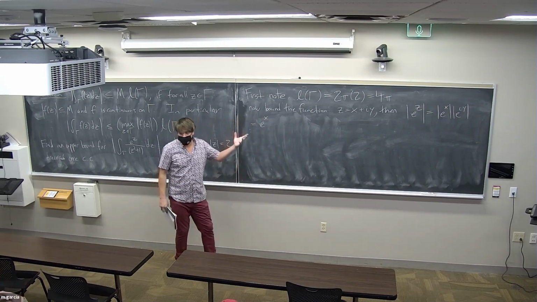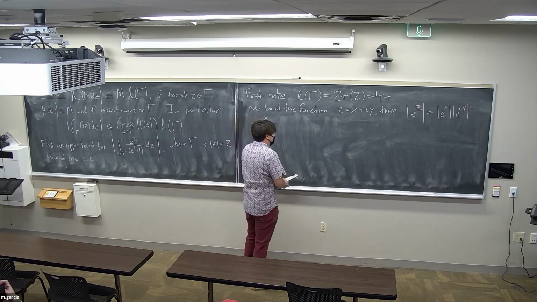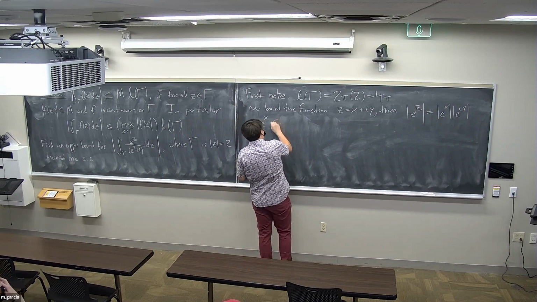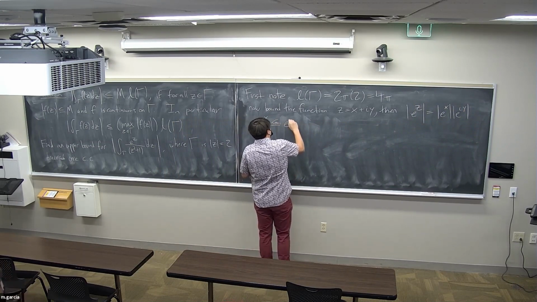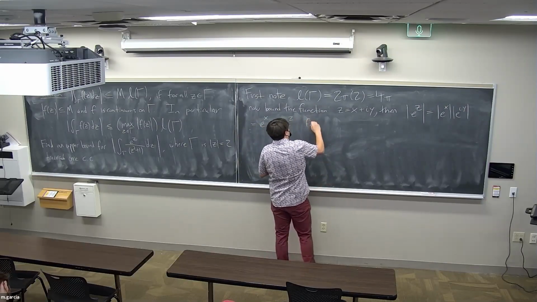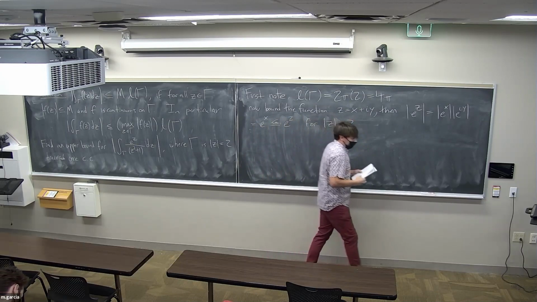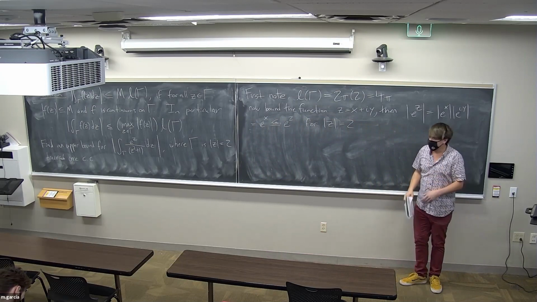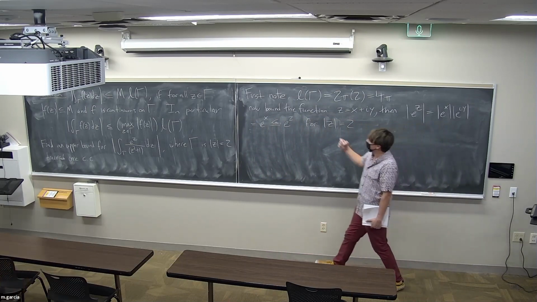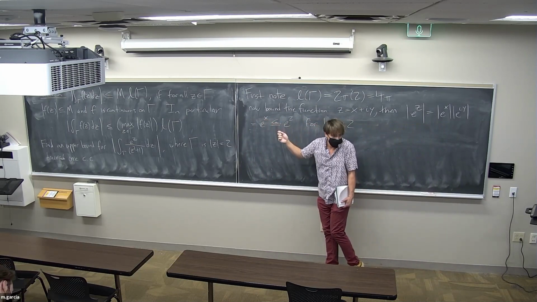E to the x is always positive, which is less than or equal to e to the 2 for the modulus of z equal to 2, right? The maximum value that this can assume is at x equal to 2.